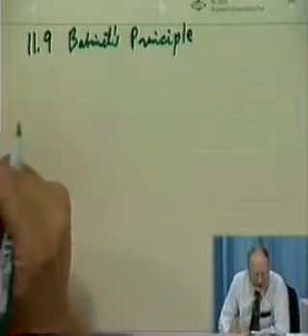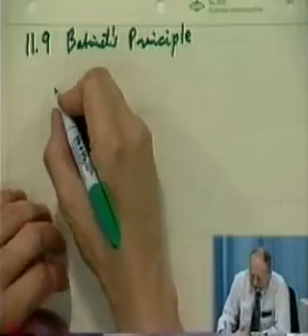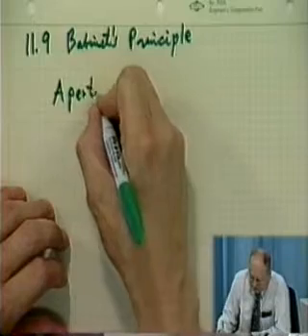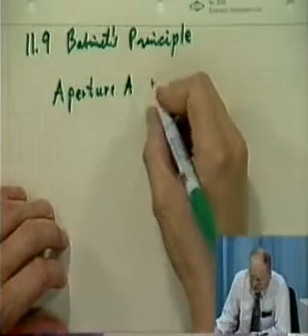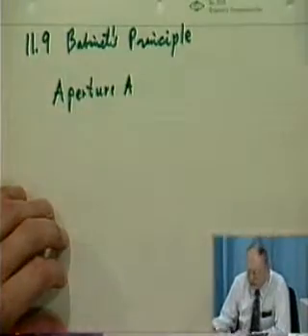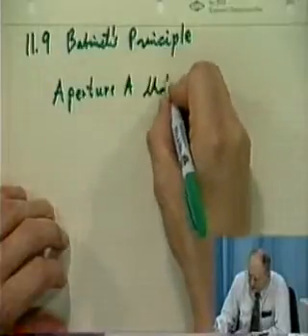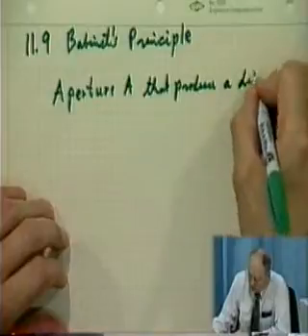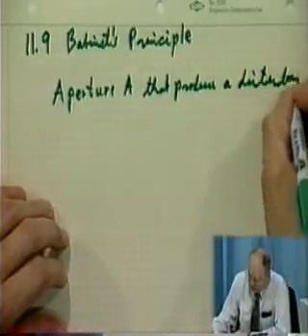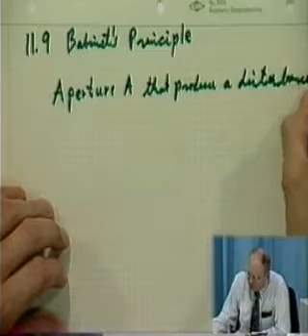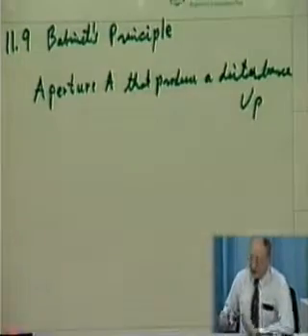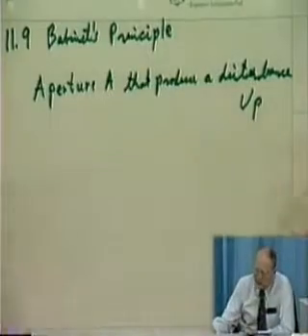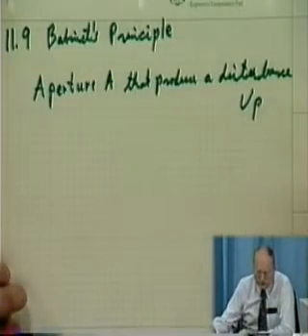And so let's say we have some aperture A that produces a disturbance u sub p. So we're illuminating some aperture A, and someplace else in space we get this disturbance u sub p.